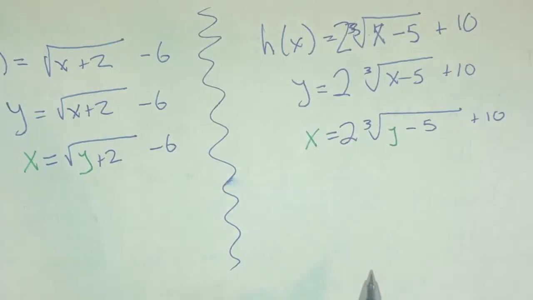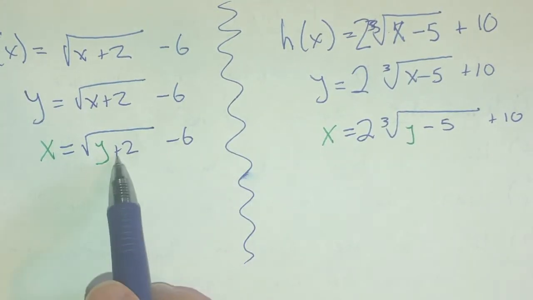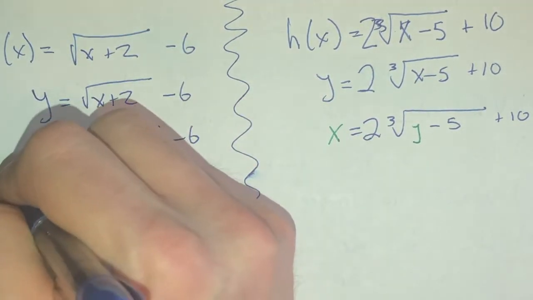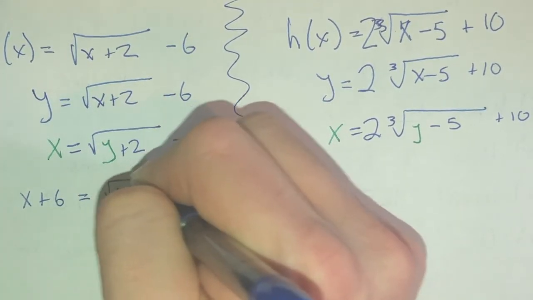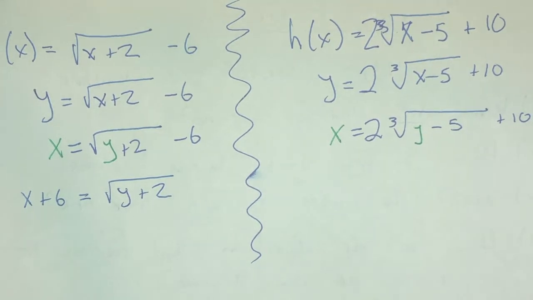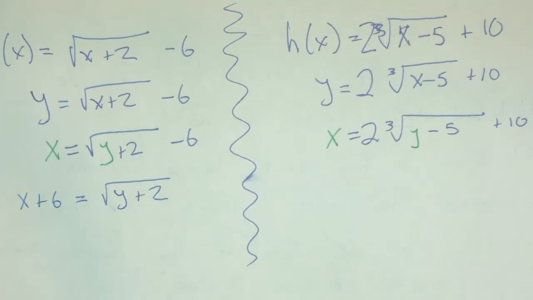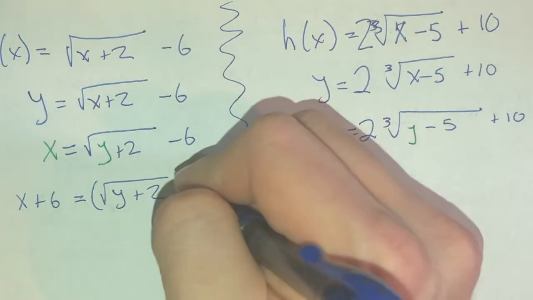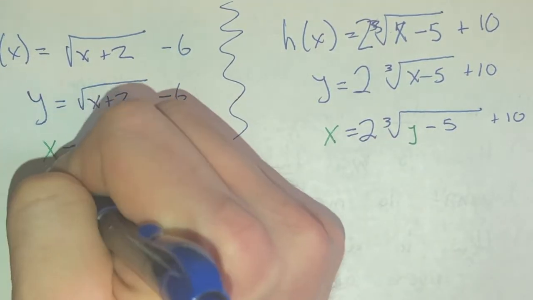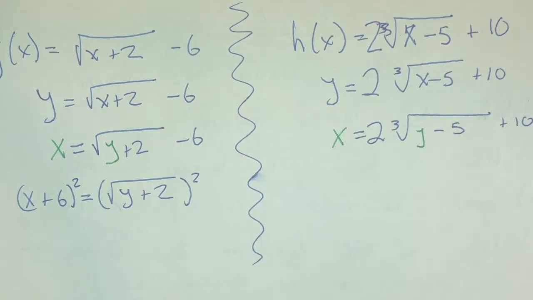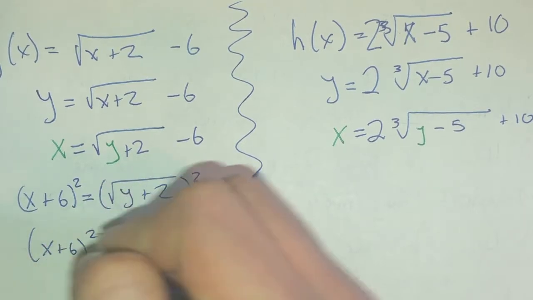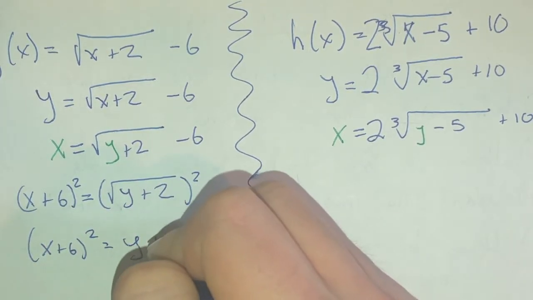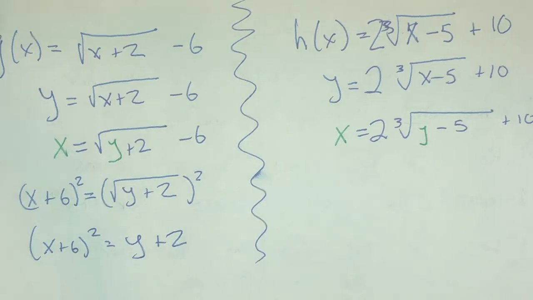So let's take a look over here. The first step to get y alone is I'm going to add 6. So I've got x plus 6 equals the square root of y plus 2. And then remember, how do I undo a square root? What cancels out a square root? Well, that would be squaring. And I love that someone said this today. I'm going to square both sides. So this I'm going to leave as (x plus 6) squared, and this becomes y plus 2.